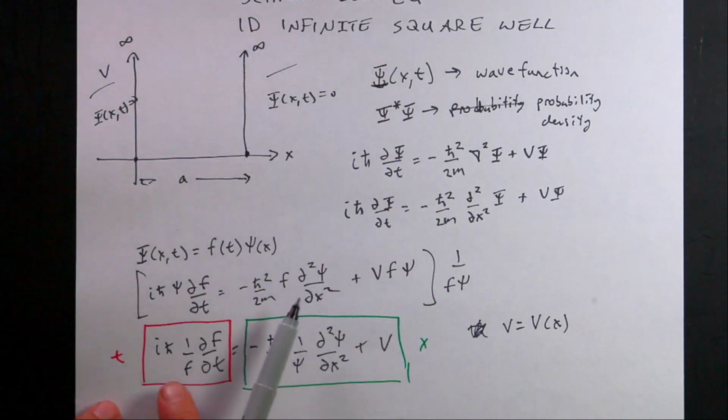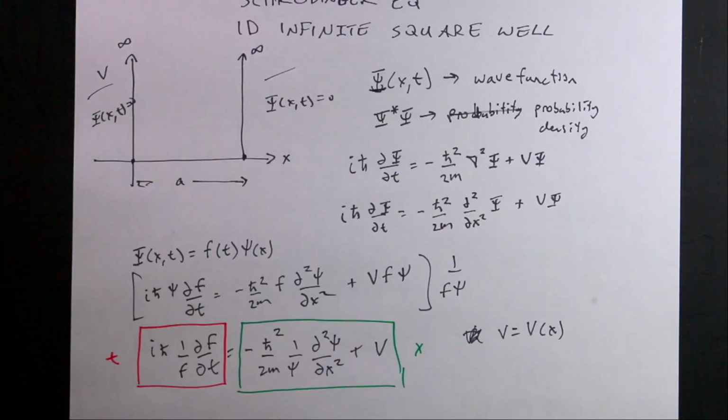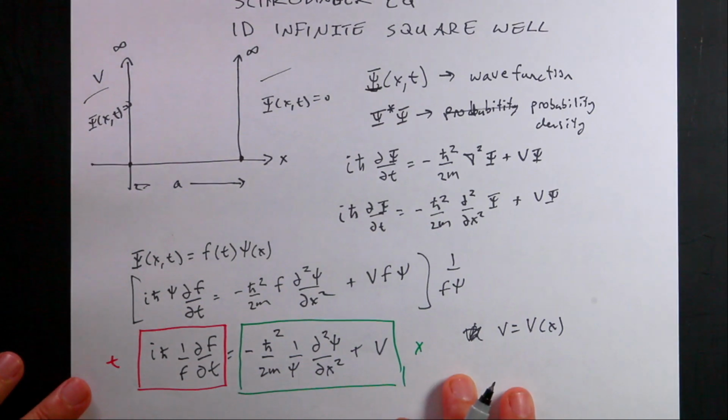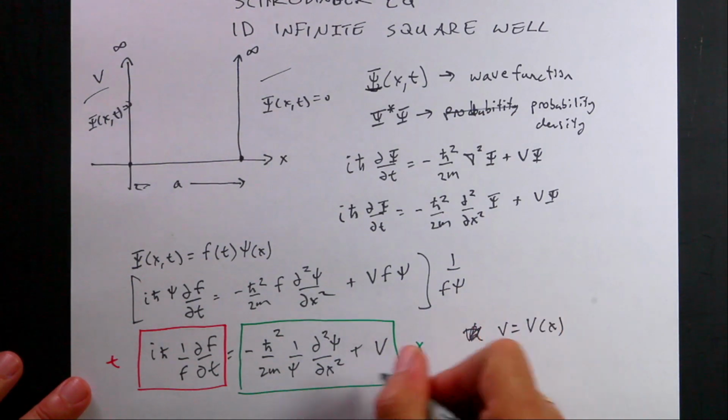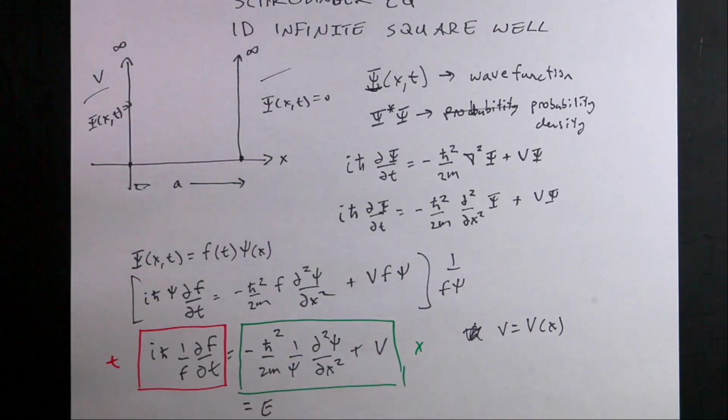But if this only depends on time and this only depends on x, the only way those two could be equal to each other, even though they're differentials, is if they're both equal to the same constant. So we're going to set both of these equal to E. So let's take the time part and set it equal to E, and then see where we go from there.